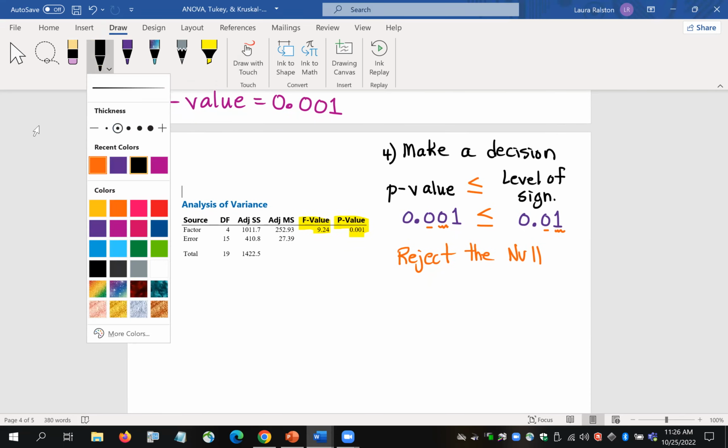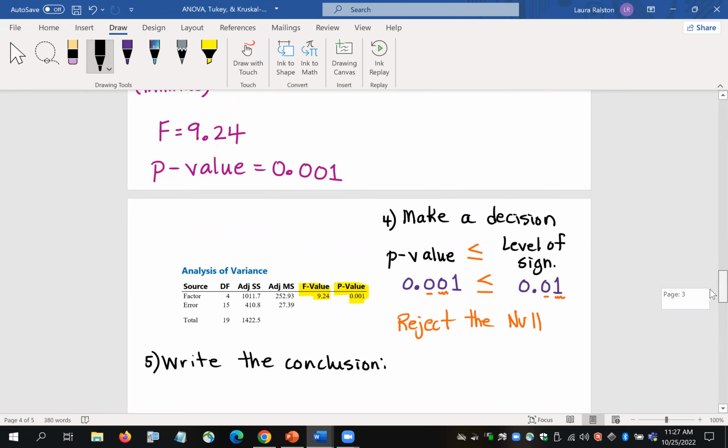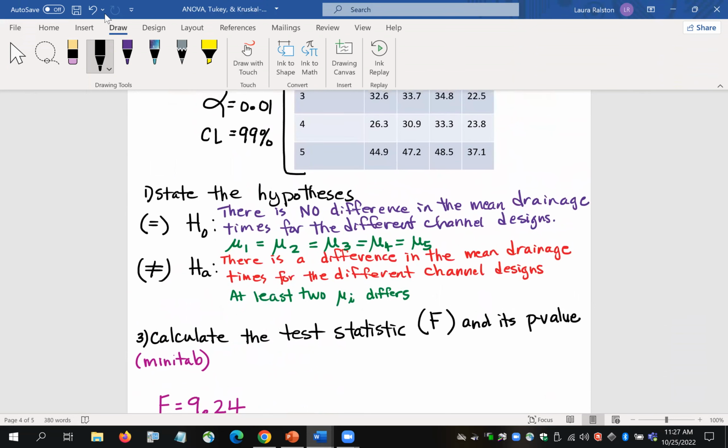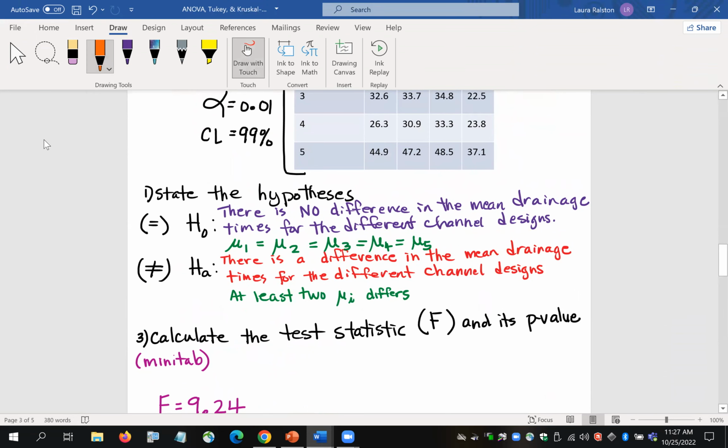Step 5, as always, is to write the conclusion. Now again, let's go back up to our hypotheses and think about what this means. We have rejected the null. If we reject the null, that means the null is false or invalid.